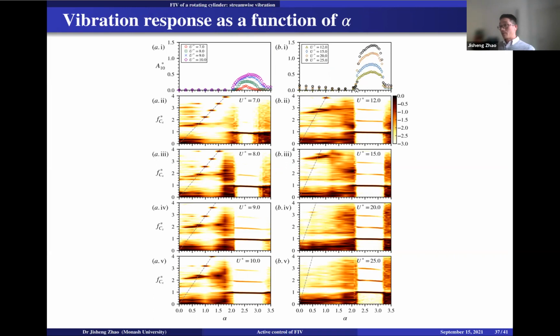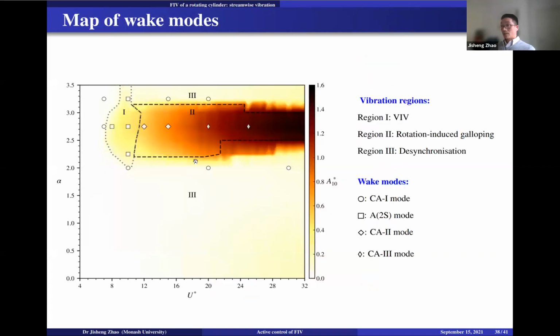This is about 2.2 to 3.15, and similar to the cross flow case, I spot some VIV measurements here. I find that there were some different wake modes associated with different regimes. In this regime, the vibration is more like a galloping response.